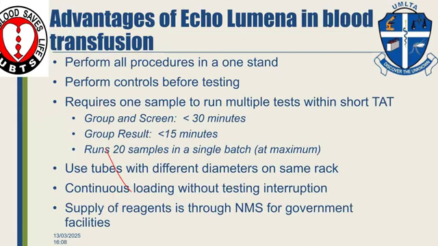Assuming you are working in a lab with different equipment like ours, blood transfusion is together with hematology. So you run your sample in CBC, get it, put it in the columnar. You can continue running other samples in the CBC machine as this one runs.